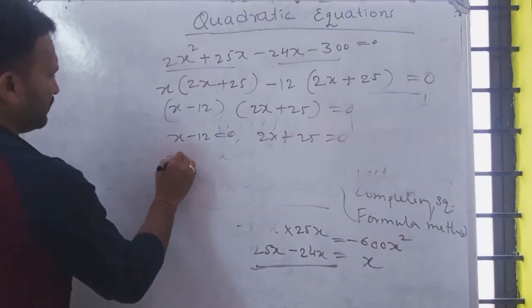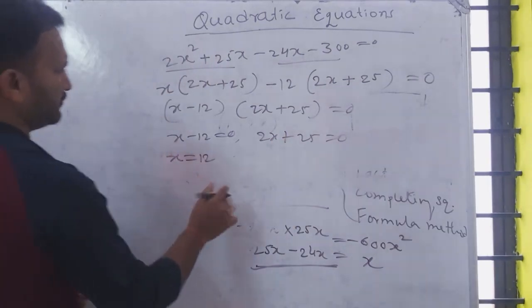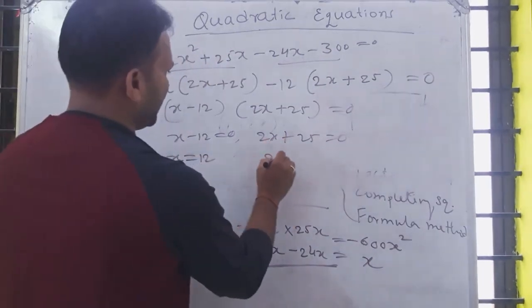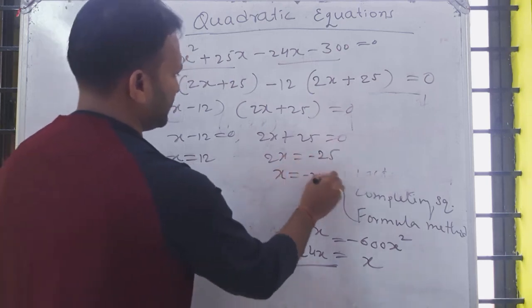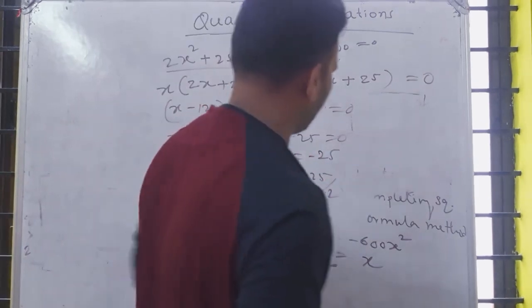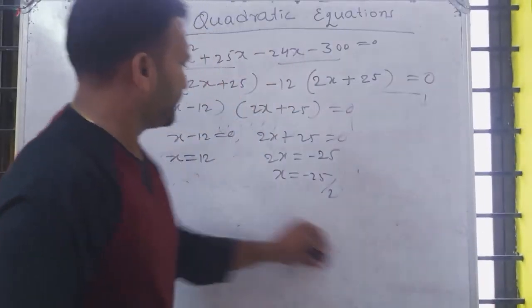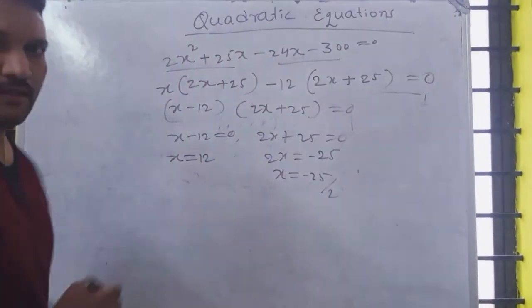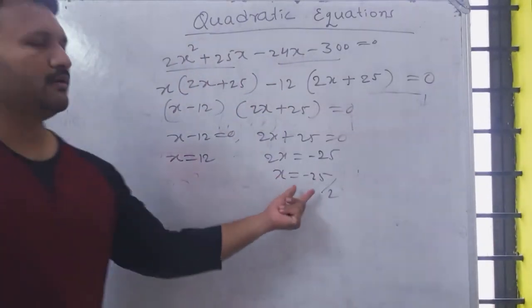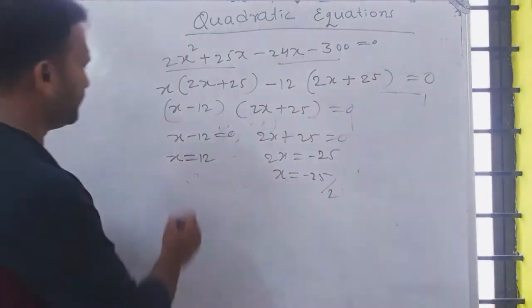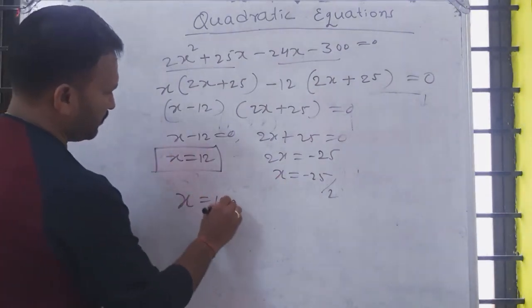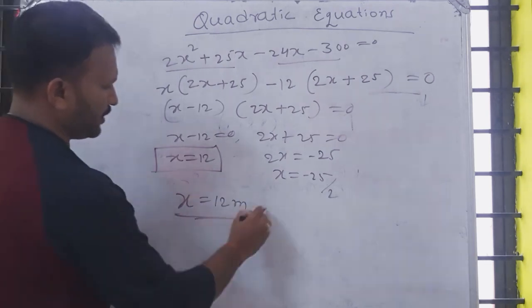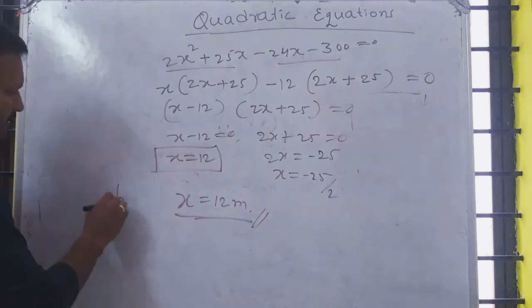So x is equal to 12, and the other value is x equal to minus 25 by 2, which is not at all possible. Here x is the breadth, and the breadth cannot be negative. So x equal to 12 meters is the answer, that is the breadth.